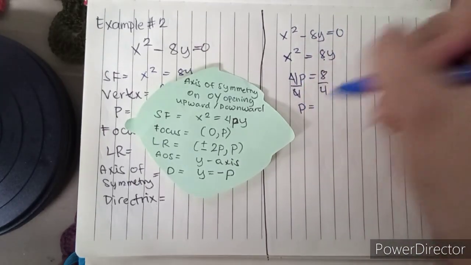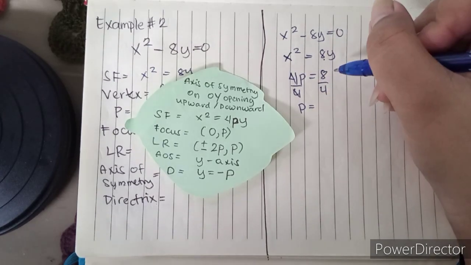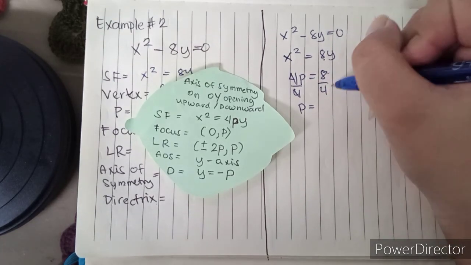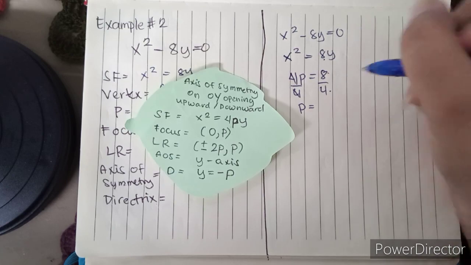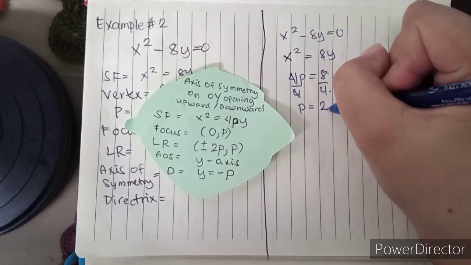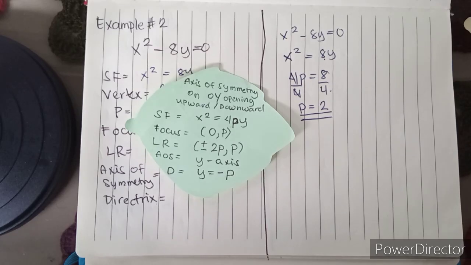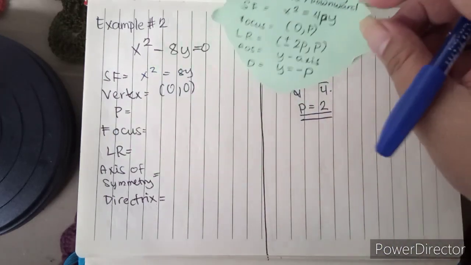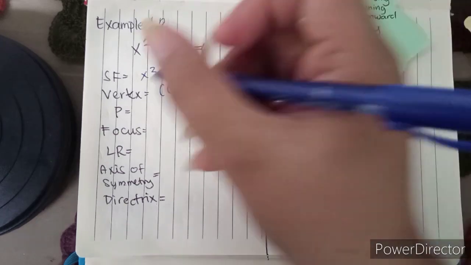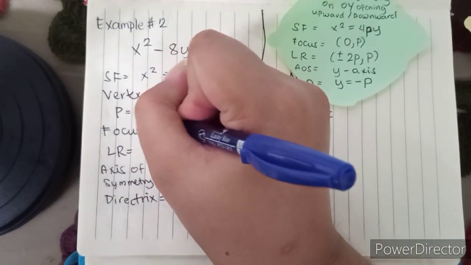Then, may iwan na lang si P. Then, simplify natin to. So we have 8 divided by 4 is equal to 2. Since positive ang value ng P natin, alam na natin na ang opening ng ating parabola ay upward. Okay? So, upward po. So, sulat natin ngayon dito na ang value ng P natin ay 2.